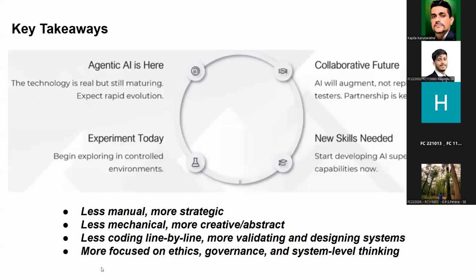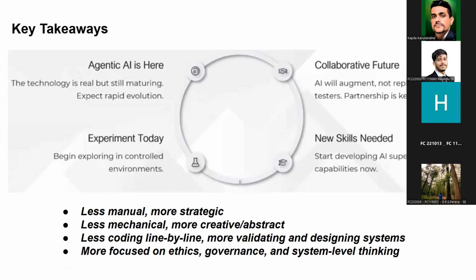But more or less, the industry is changing like this, right? So less manual work, more strategic. The human has to do more strategic work. Manual work will be taken over by AI.